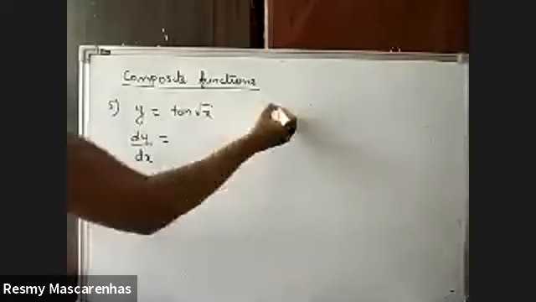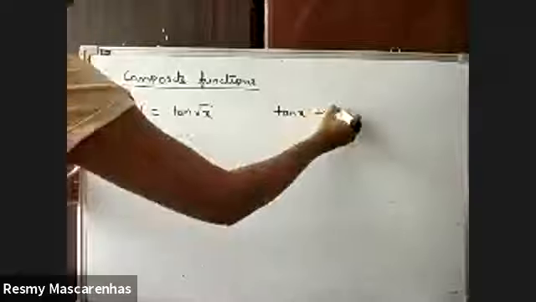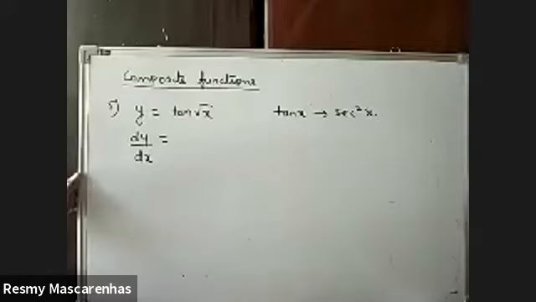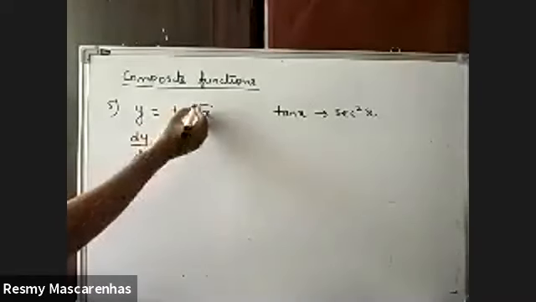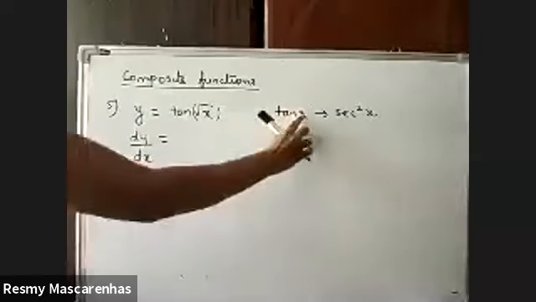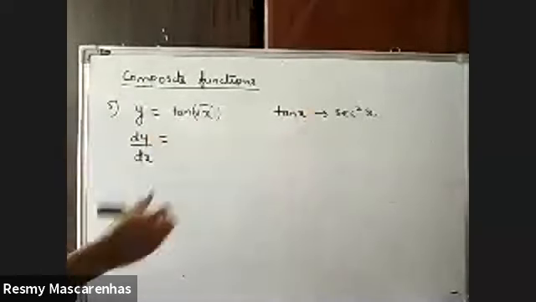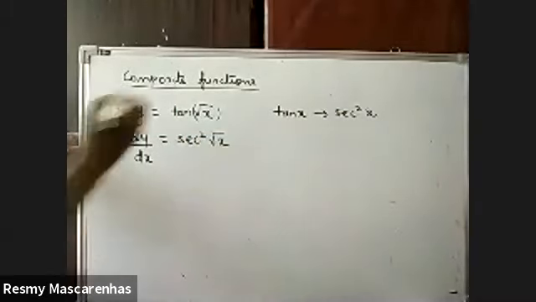Now what is, as per the table, the derivative of tan of x? It is sec square x. Okay. So now it is not a simple plain x, but you just consider it to be something, tan of something. So tan of something will give you sec square of that something. So as it is, it will be sec square of root x.